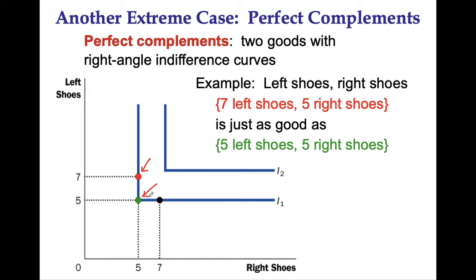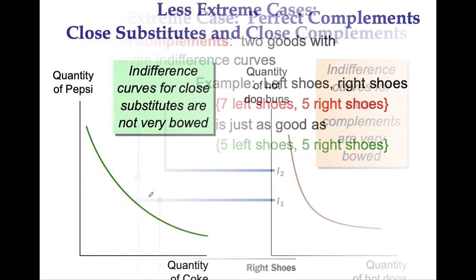Why is this happening? Because these two goods are perfect complements. Each one is a complement to the other good.